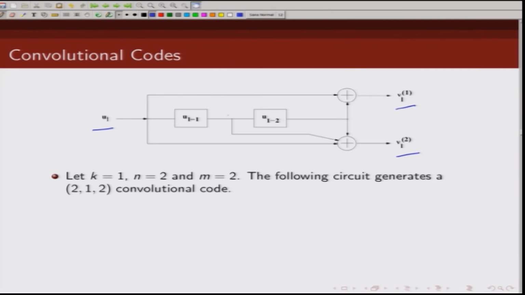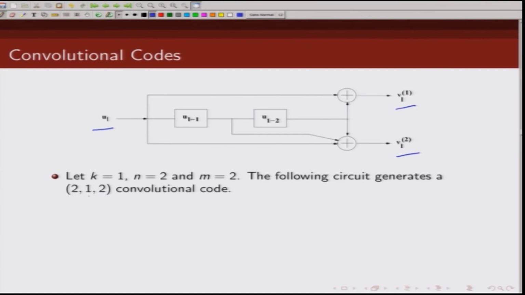It also depends on what u l minus 1 was, and what u l minus 2 was. So, this is an example of memory order 2. The current output depends not only on the current input, but also on the past two values of the input. So, this is an example of a 2-1-2 convolutional code.